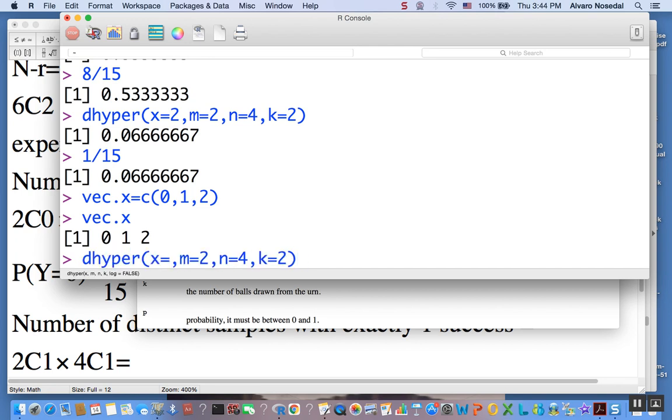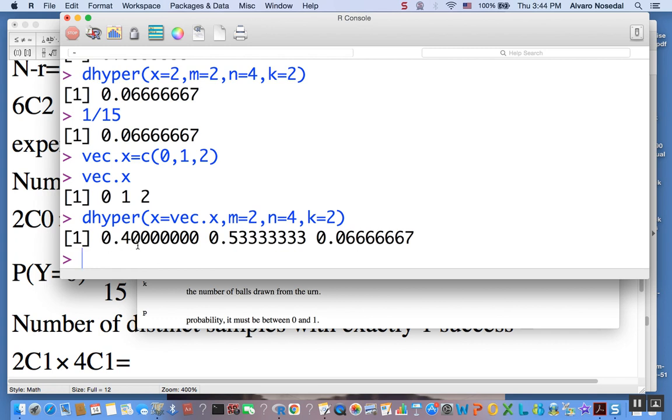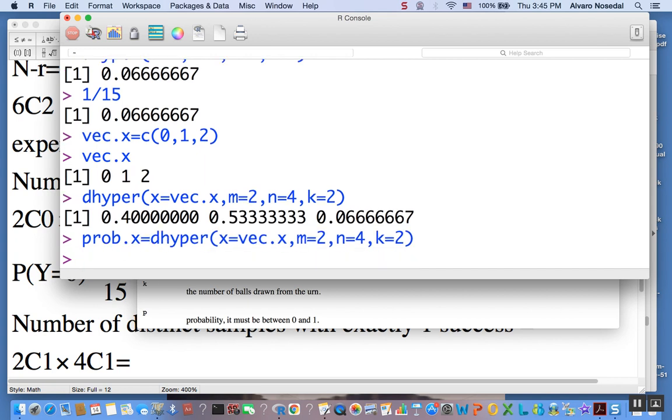So the x I am interested in is a vector of values, and now I have the probabilities for all possible values, meaning the probability distribution, and we know that all we have to do to find the expected value is this, right? Let me save it here in an object called prob_x.